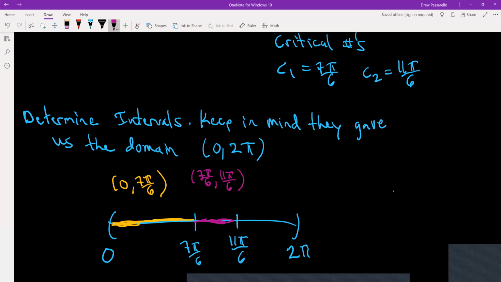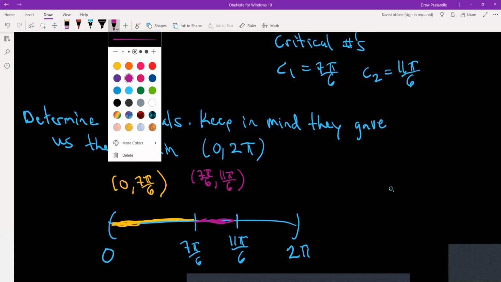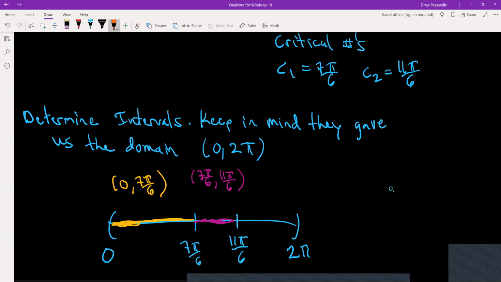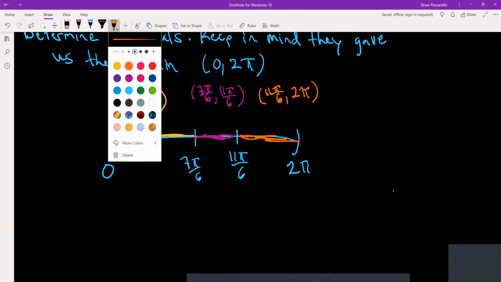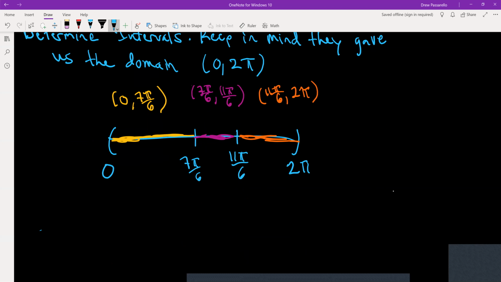And last, I have a third interval going from 11 pi over 6 to 2 pi. Those are my intervals, and I need to pick a test value from each interval. So let me list the intervals.